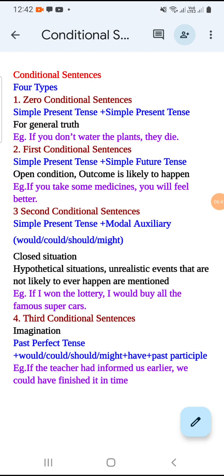Can, may, will, and shall, right? These are also used for conditional sentences. What I have said just now is extra information: for conditional sentences, the position of the if clause can be changed, it can be added afterwards.